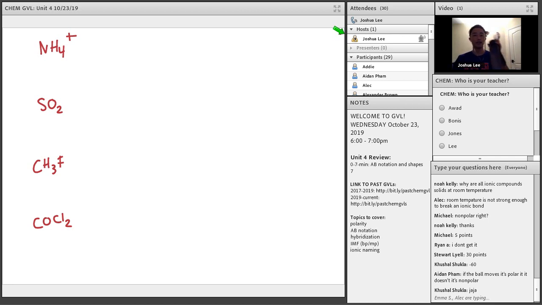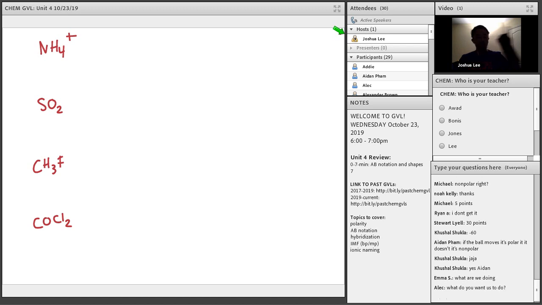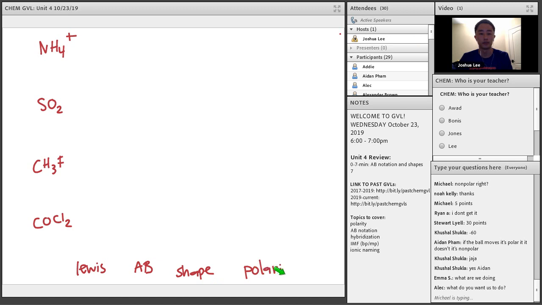I'll give you some time. Find the polarity. If we do these problems, you should be able to do the Lewis dot, you should be able to do the AB notation, you should be able to figure out the shape and the polarity and bond angle, but bond angle you're just memorizing anyway, so try these.